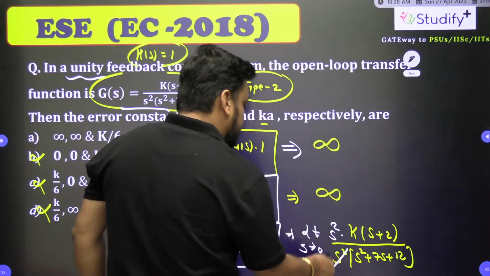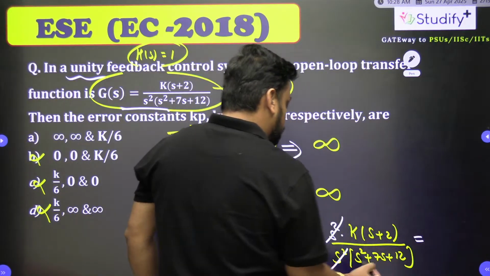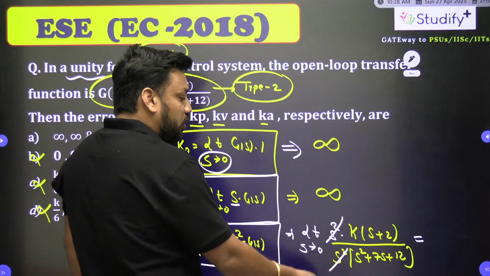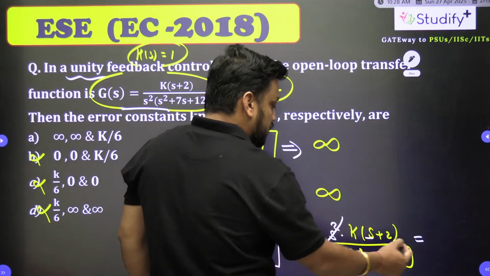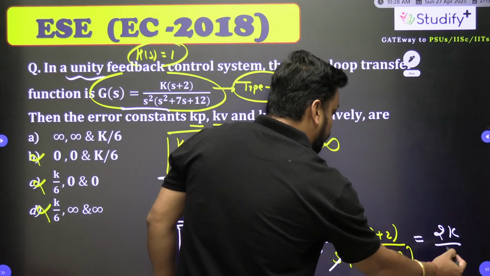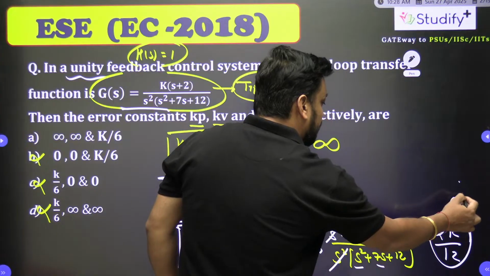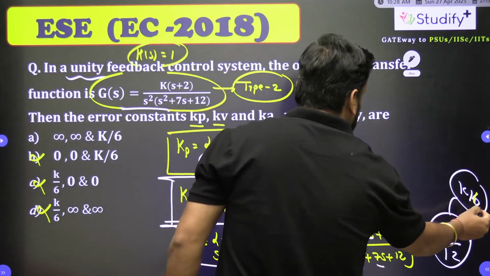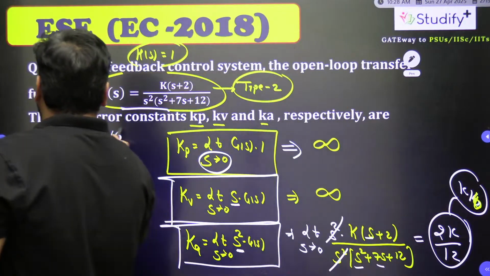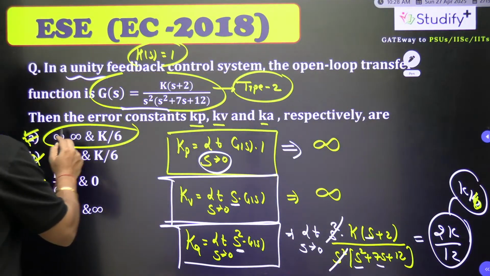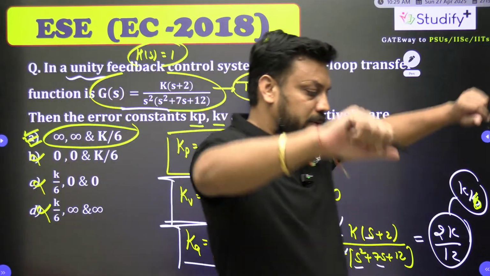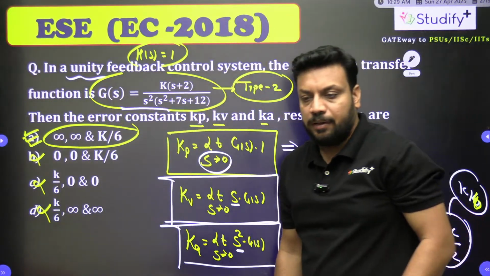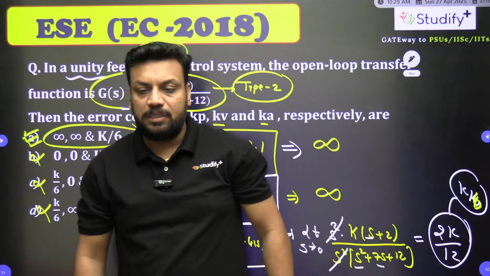Here S square gets cancelled, so once you put S equal to 0, this is 0, this is 0, this is 0, and you get 2K upon 12, which is nothing but K by 6. This K by 6 is exactly mentioned in option A. I hope this is crystal clear.